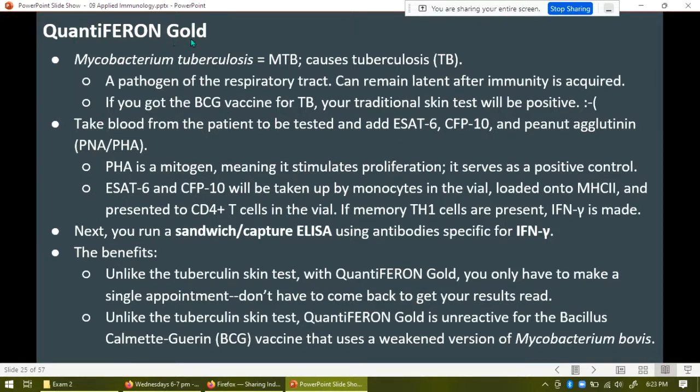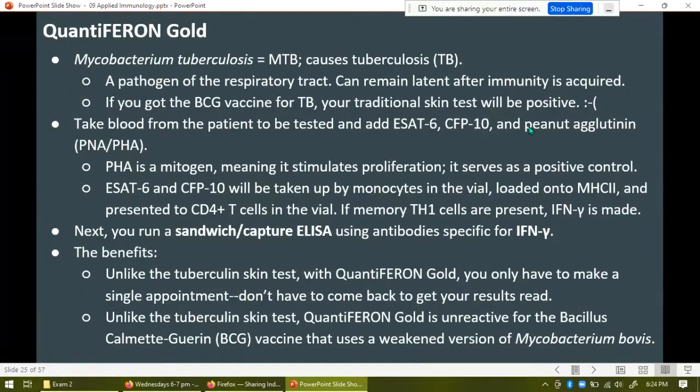So how the QuantiFERON-Gold test gets around this traditional skin test being positive, here's how the test works. You draw blood from the patient to be tested, and you add a couple of things to it. There are 2 tuberculosis peptides inside the vial, ESAT6 and CFP10, both of those are tuberculosis proteins.